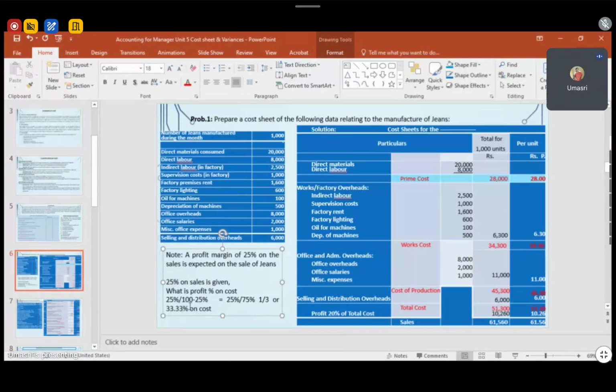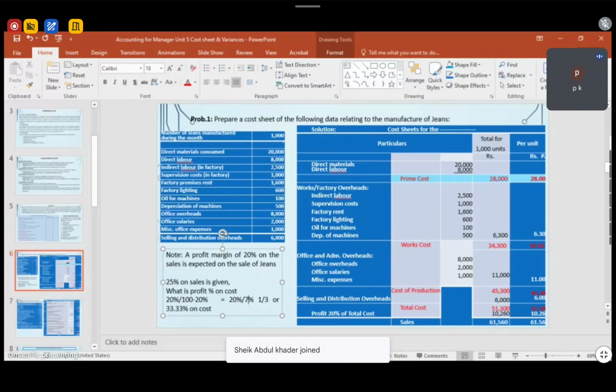Or say 20% on sales, if it is given, what is the profit on cost? Profit percentage on cost is 20 by 100 minus 20, that means 80.